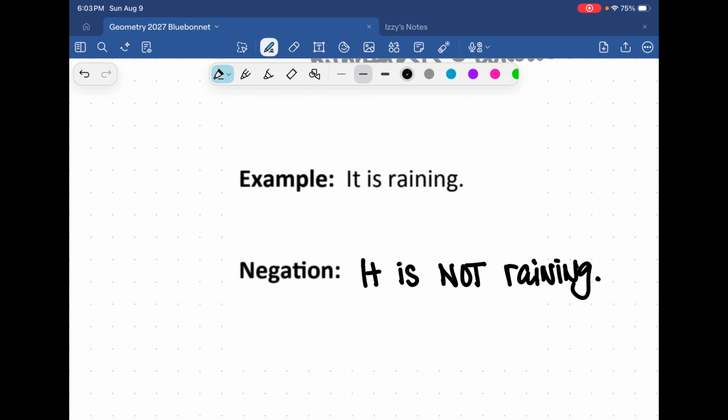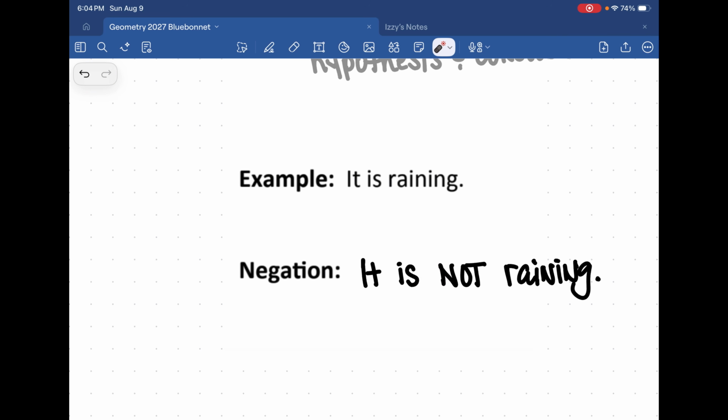Now, I know what you're thinking. What if the word not was already there? Would it make sense to go from here, from our negation, and add not to it? Well, let's just say it out loud, because we would have to add another not right here, right? Or right here. So we would read that as it is not not raining.